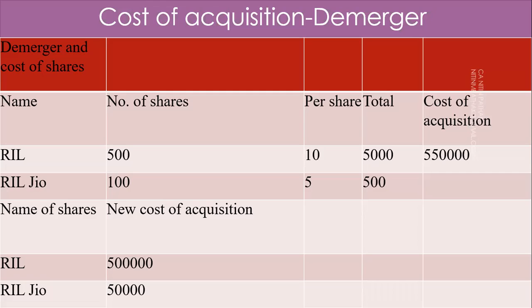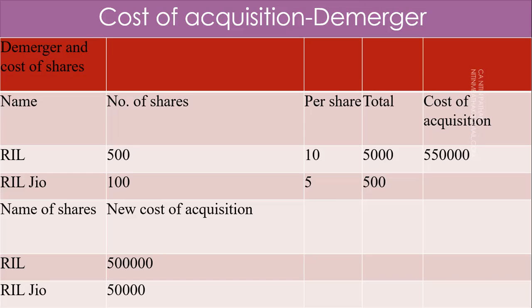My cost of acquisition is 5,50,000. Are you getting it? I have got Reliance 550 shares at 10 rupees, so 5,500 in value, and my cost of acquisition is 5,50,000.